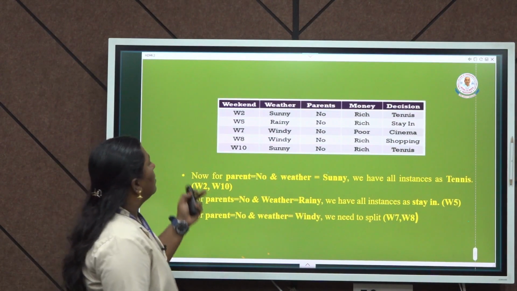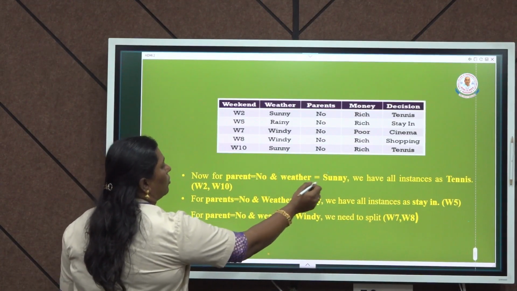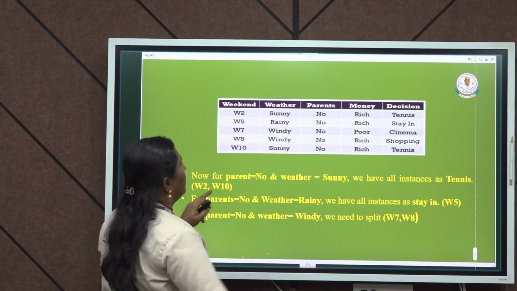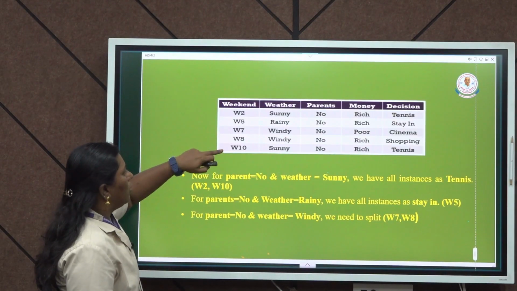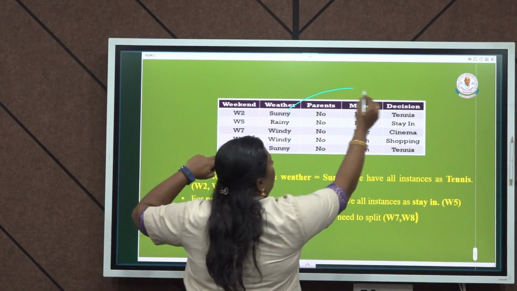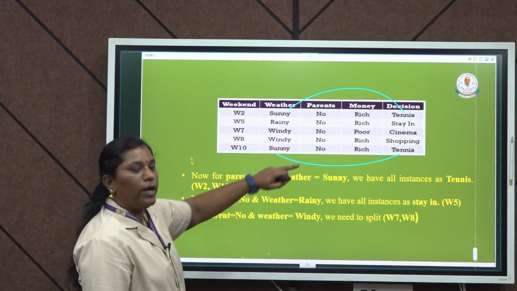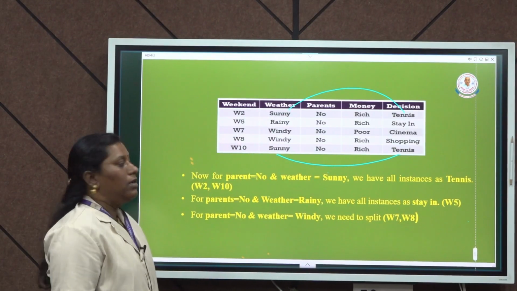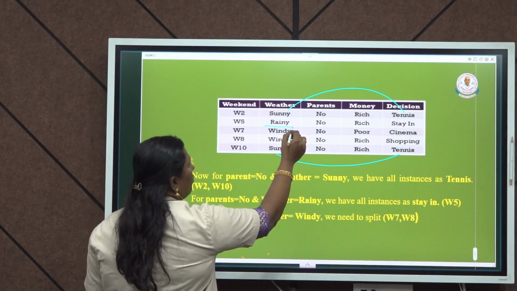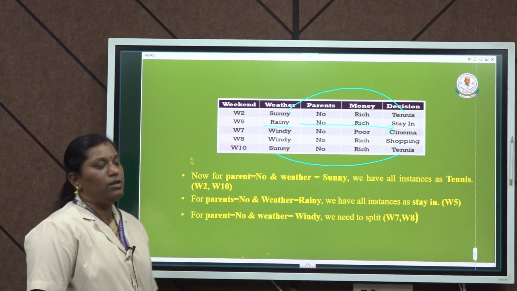Now for parent equal to no and weather equal to sunny, we have all the instances as tennis. Let us consider W2 and W10. When the weather is sunny, it is associated with tennis, so there is no problem. Next, for parent equal to no and weather rainy, there is only one instance which is associated with staying in.